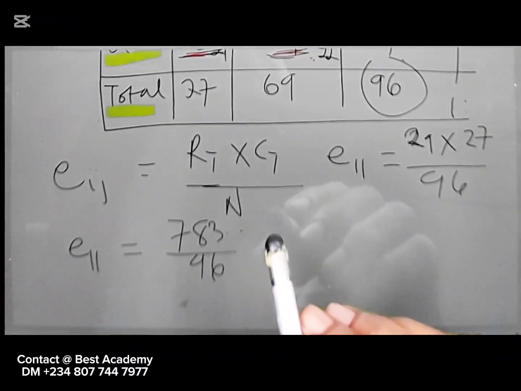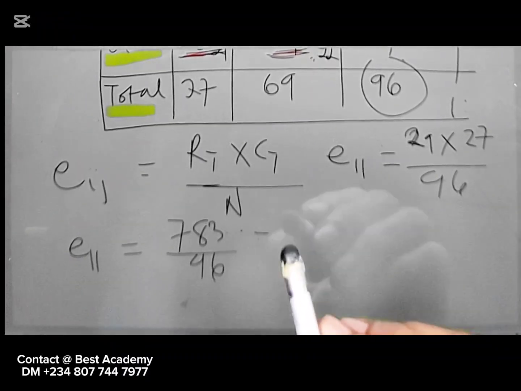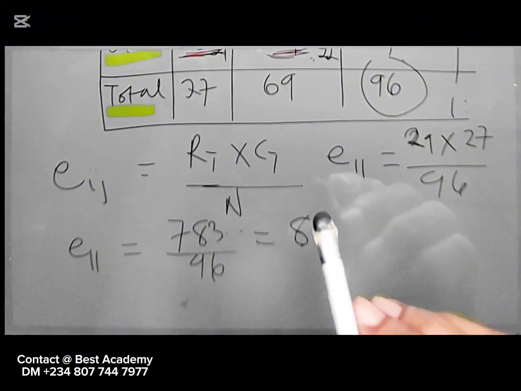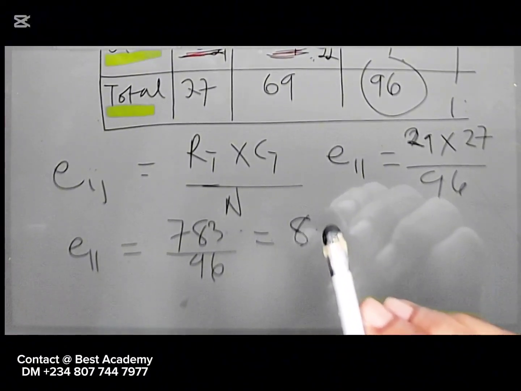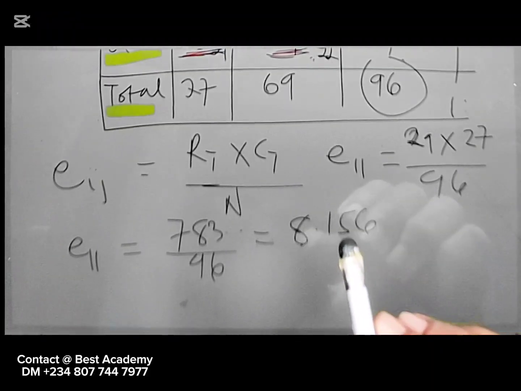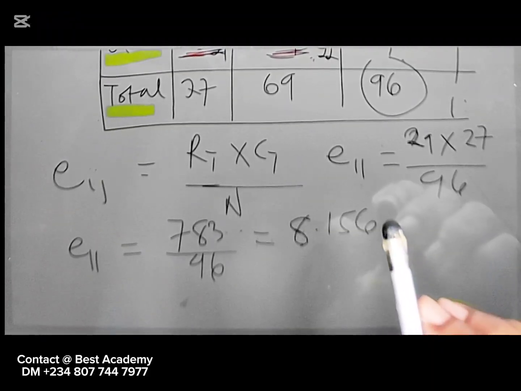So my answer to this is 8.1562. I have to approximate to 4 decimal places.